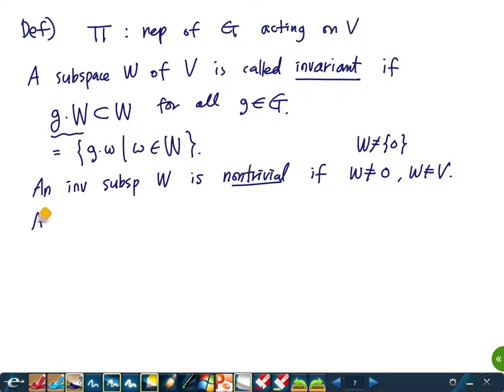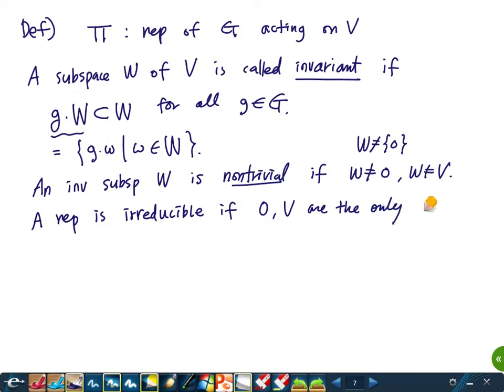And a representation is irreducible if 0 and V are the only invariant subspaces.